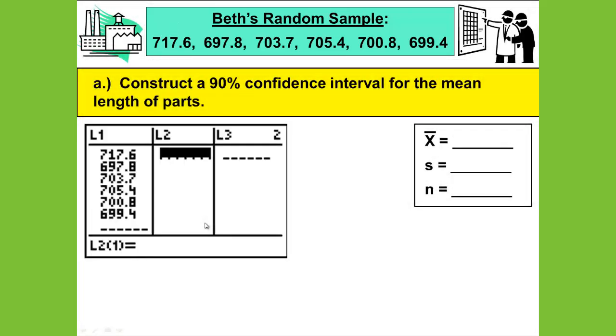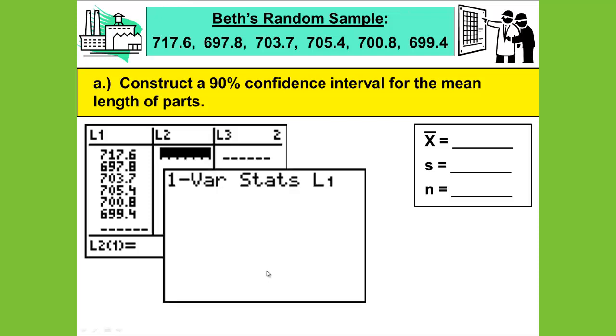We will place those numbers in list 1. We will place 717.6, 697.8, 703.7, 705.4, 700.8, and 699.4 into list 1.